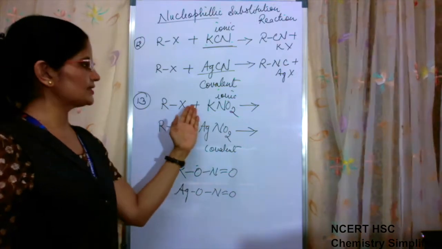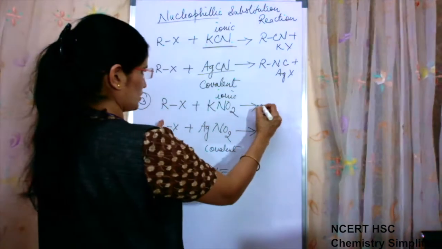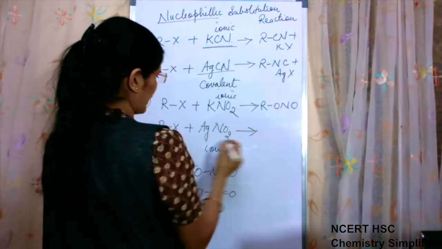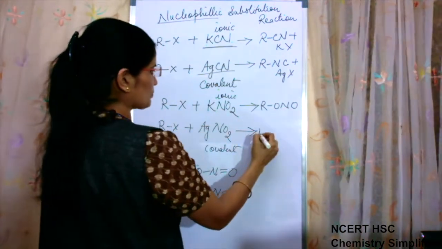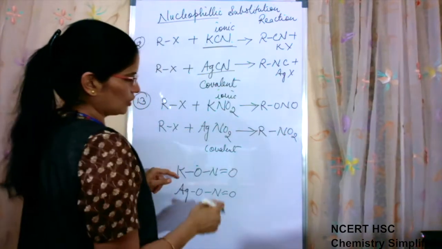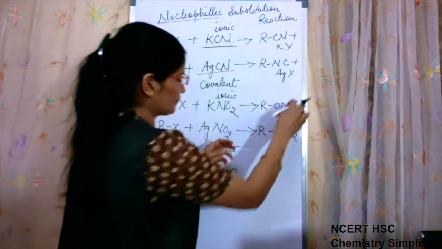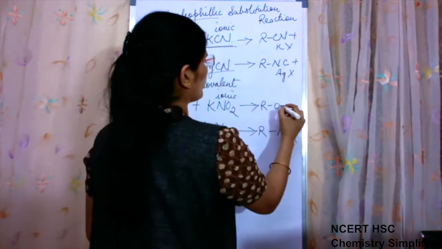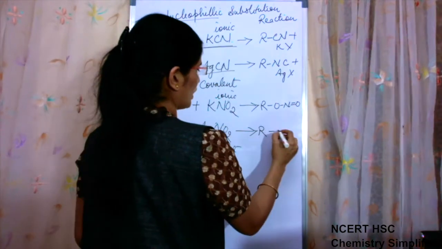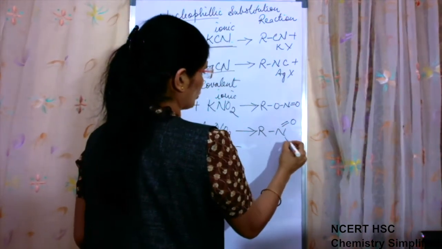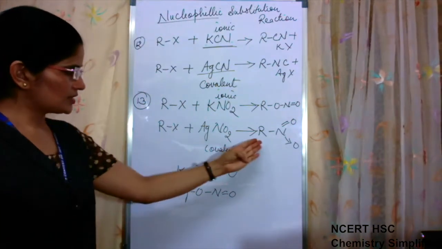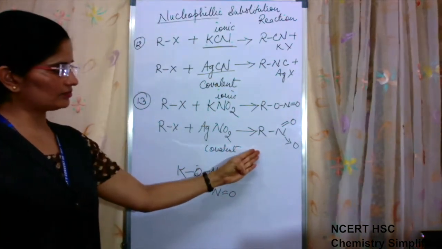Now, when RX reacts with KNO2, the product formed is RONO. And when AgNO2 reacts with RX, the product formed is RNO2. Or better I write with bonds: RON double bond O, and here RN double bond O. That means this is known as nitroalkane.